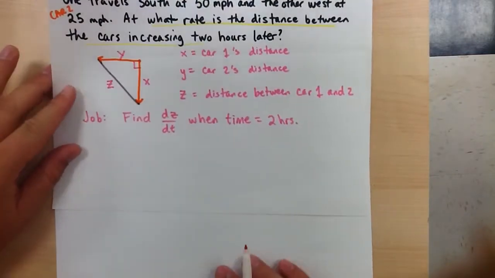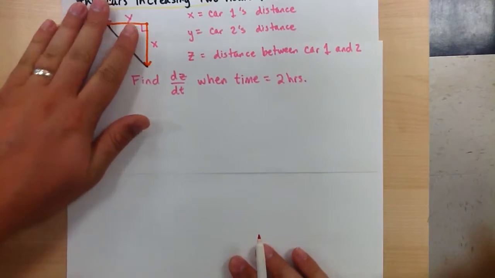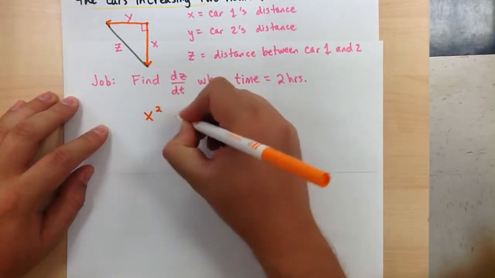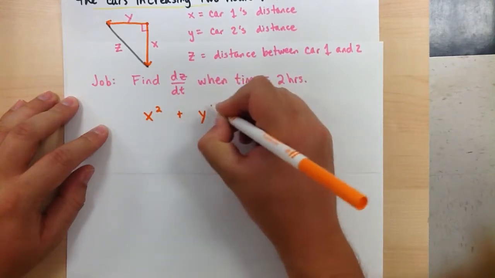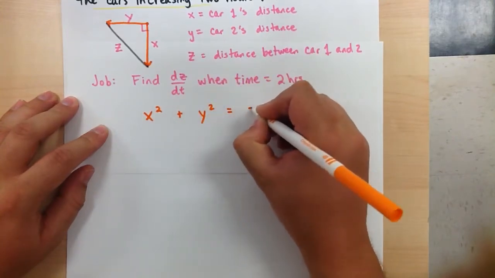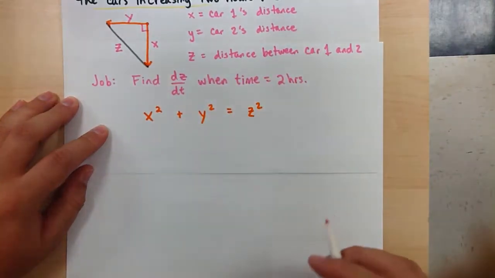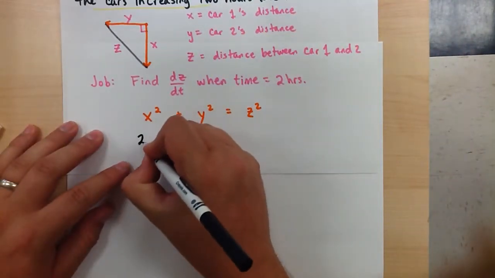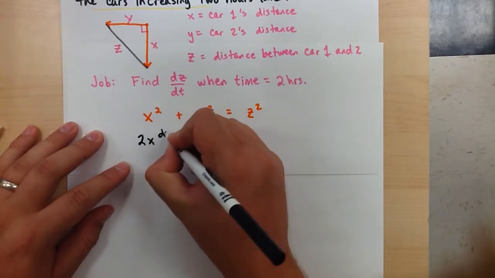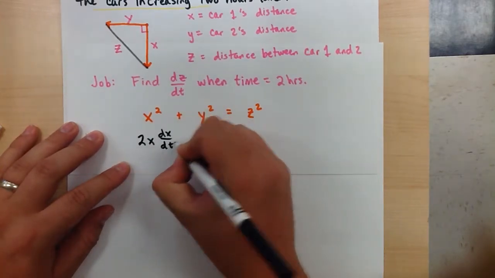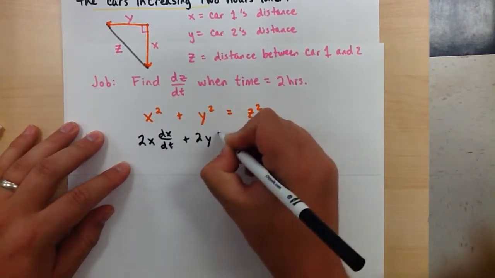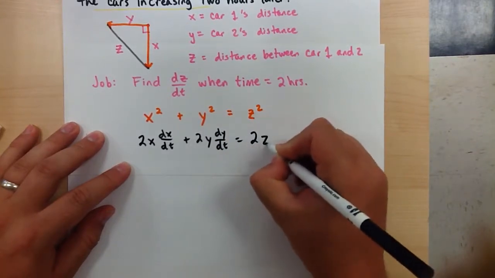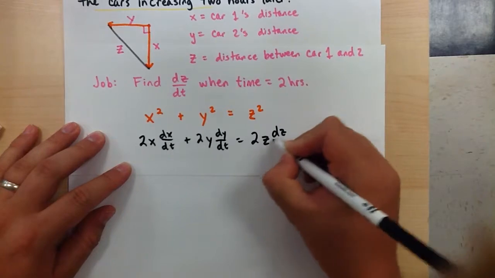So the relationship between the three sides, x squared plus y squared equals z squared. Hopefully you're familiar with that. And then we're going to differentiate. So 2x dx over dt plus 2y dy over dt equals 2z dz over dt.